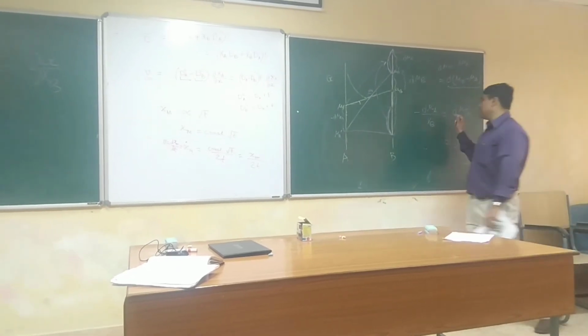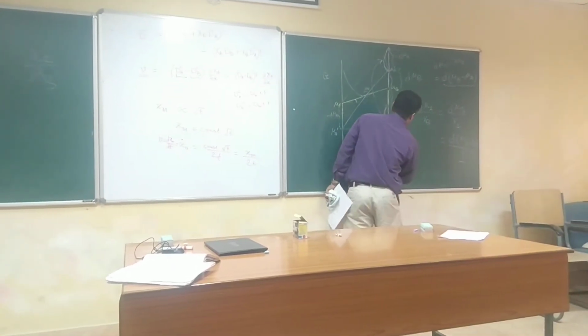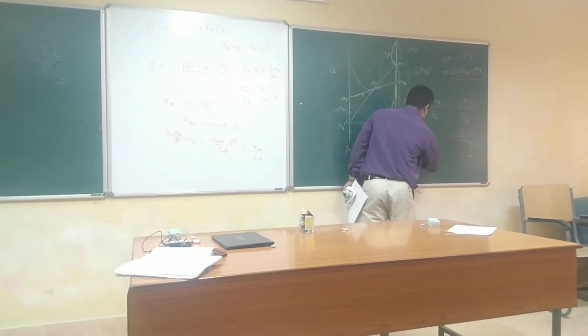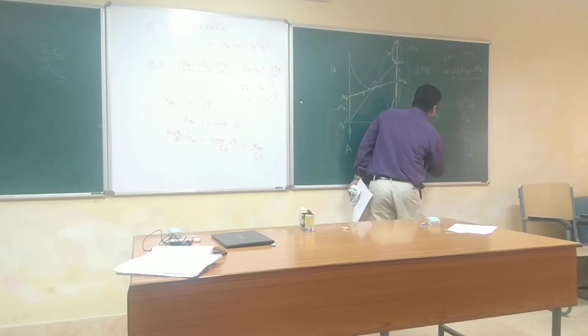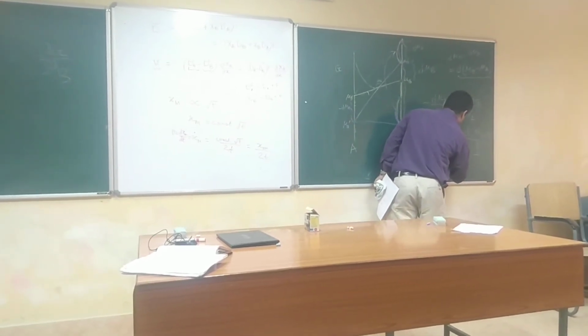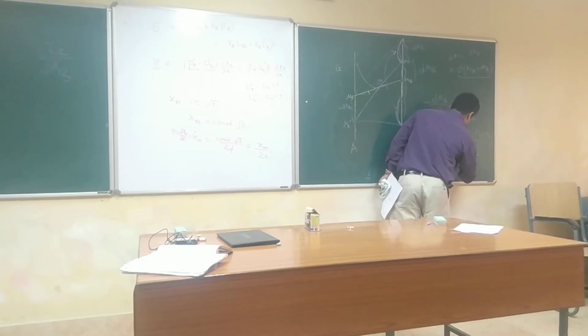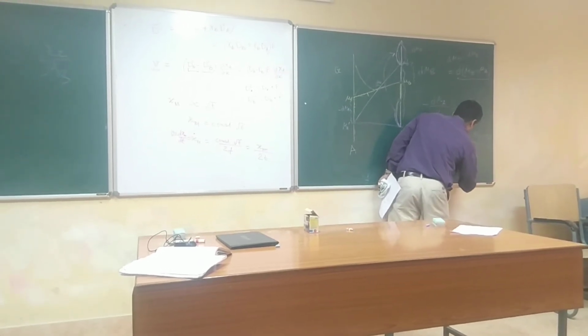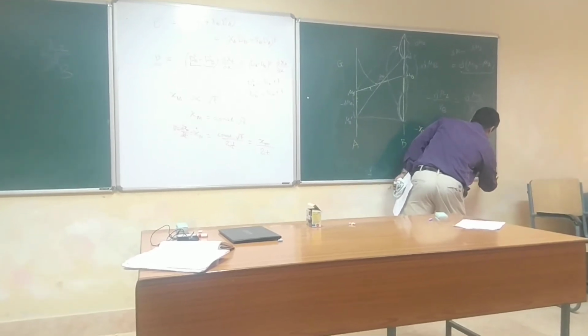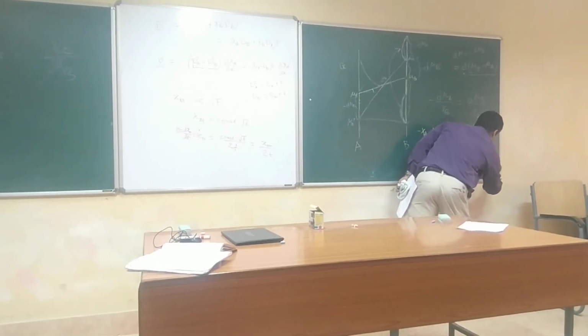You just multiply by xa xb, what you will get? Minus xa d mu a equal to xb d mu b equal to xa xb d of mu b minus mu a.